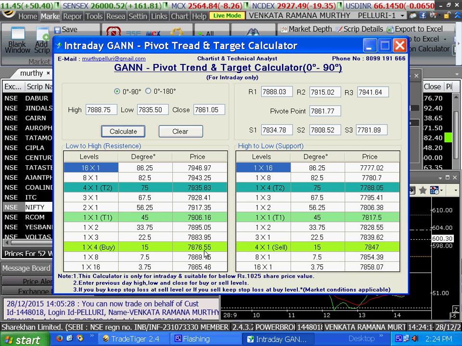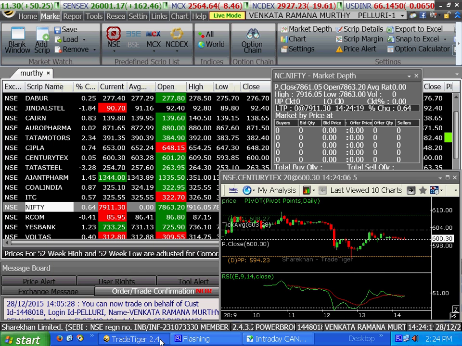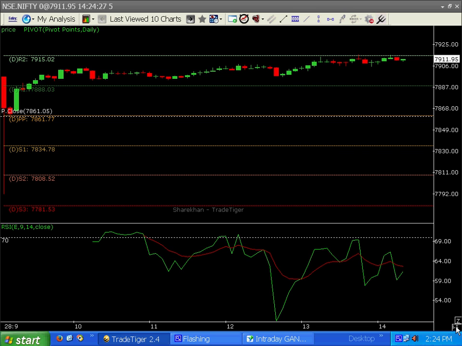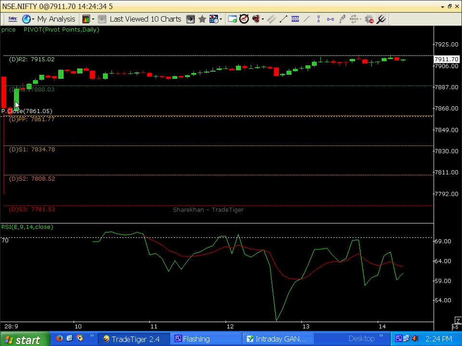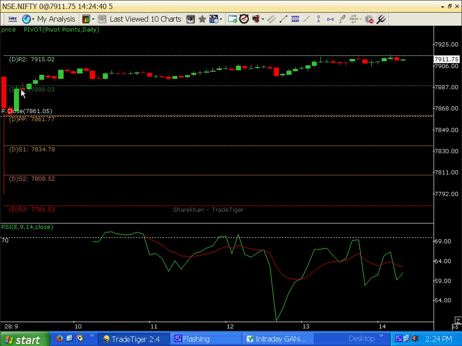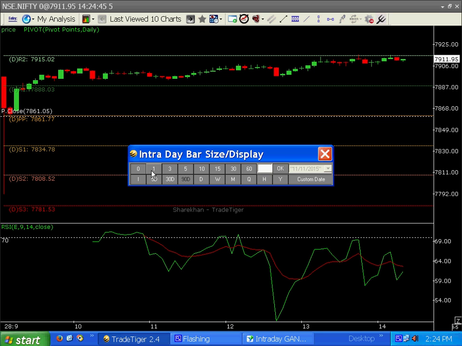Now we will see what happened in today's market. Here I am taking the Nifty graph, which I have kept at 5 minutes. In the first 5 minutes, around 9:19:59, we could buy the Nifty around 7880 level approximately.